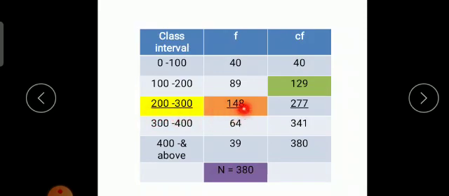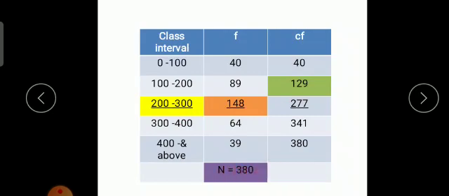F is the simple frequency of the median class, and 129 is the cumulative frequency preceding the median class. This is the median class with cumulative frequency 277, and the one before it is 129. So we will need 200 to 300, 148, 129 and 380.